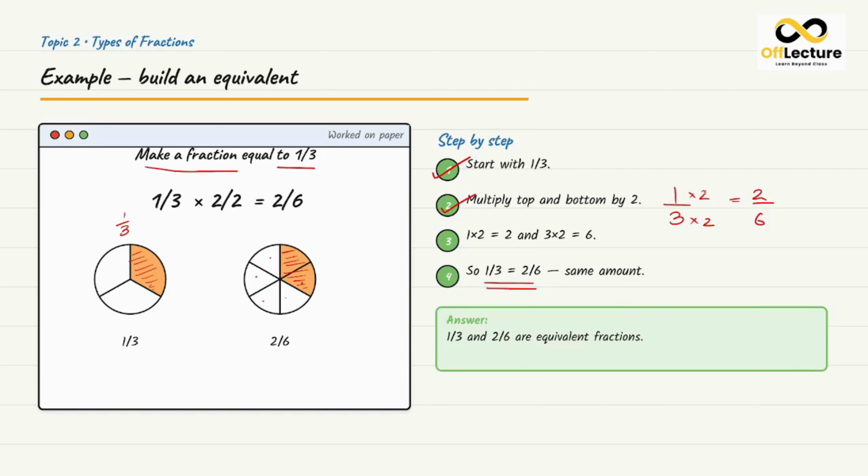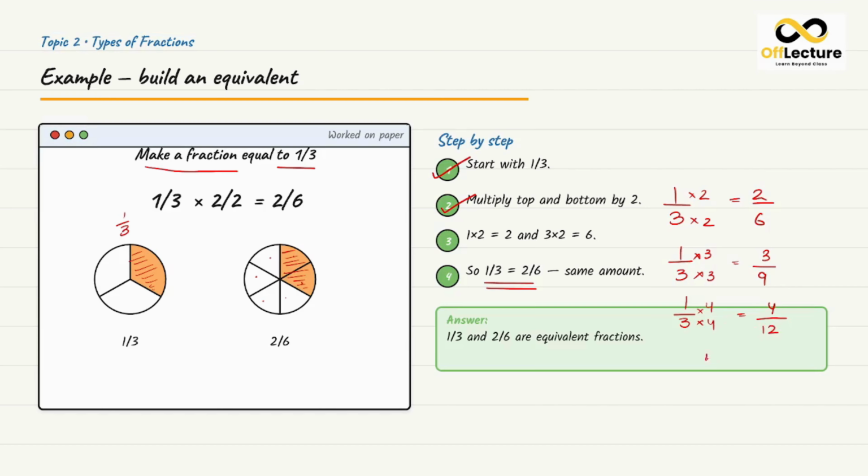Let's suppose you multiply 1 by 3 with 3, 3 here and 3 here, so you will get 3 by 9. This is also an equivalent fraction of 1 by 3. You can multiply with any number and that will be your equivalent fraction. Even if you multiply it by 4, you will get 4 by 12, which is also the equivalent fraction of 1 by 3.